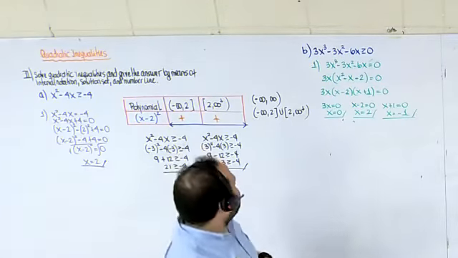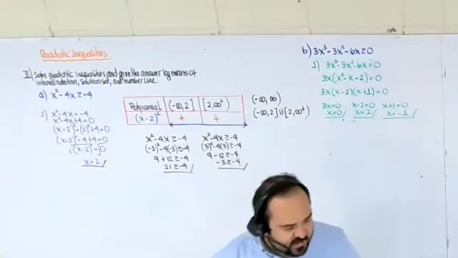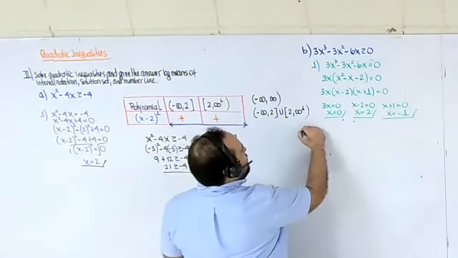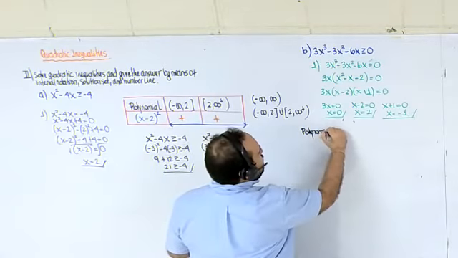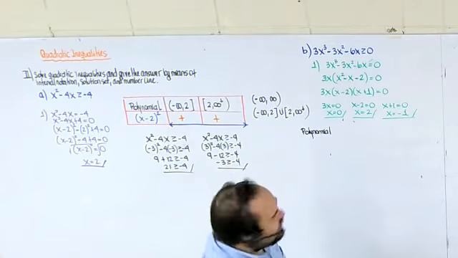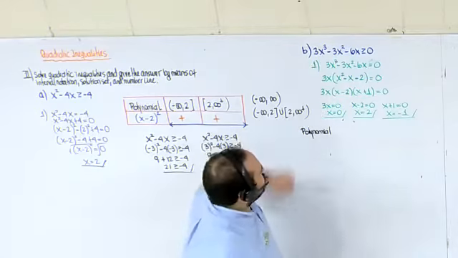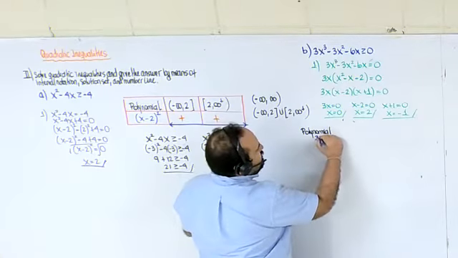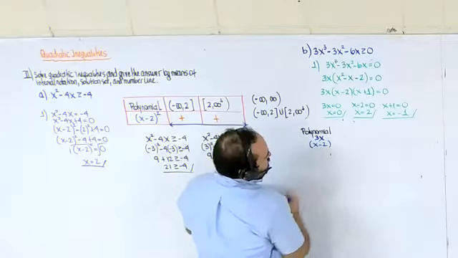Now we have to rewrite the expression using the table of signs. Remember, in the first column, we must write the polynomial. What will be the values of the polynomial? You can write for the first one, 3x. The second one, x minus 2.